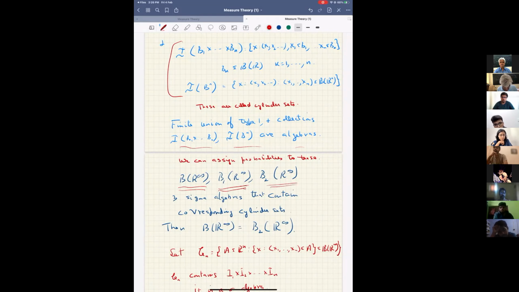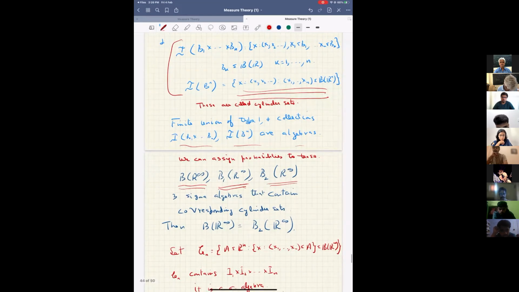And this corresponds to the sigma algebra which contains all the sets of this form, cylinder sets of this form right here, where x1 through xn lie in a Borel set in Rn. And we'll argue right now that all three are going to be the same. So B of R infinity, we're going to show, is equal to B2 of R infinity, and hence we are done.